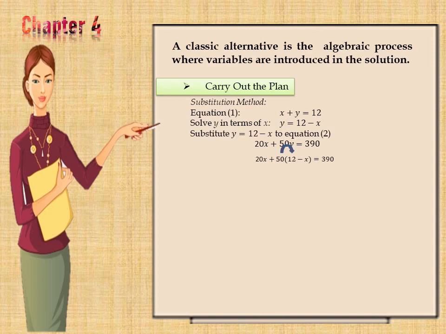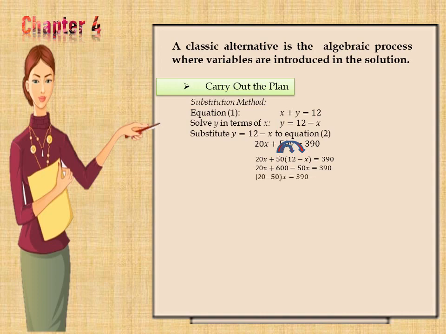We'll distribute 50 to 12 and to negative x. So we can have 20x plus 50 times 12 is 600, and 50 times negative x is negative 50x. Copy the 390.